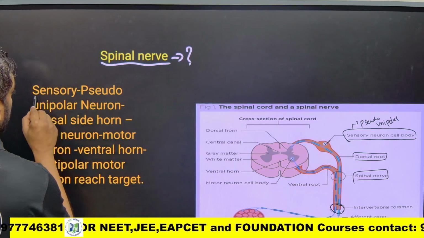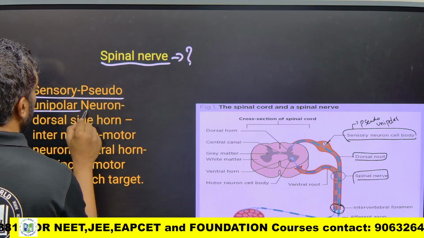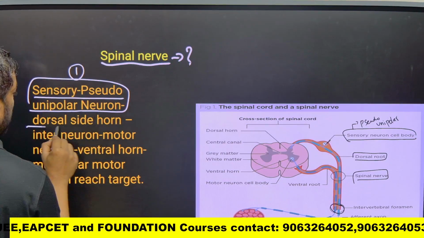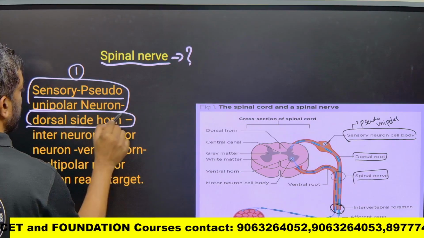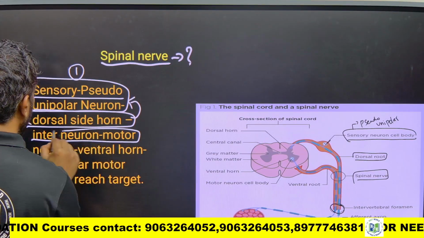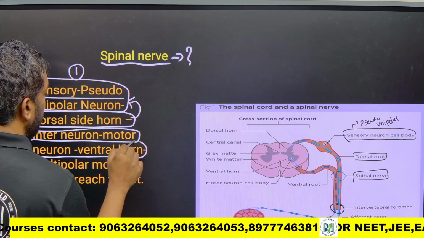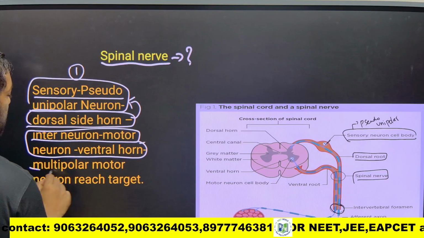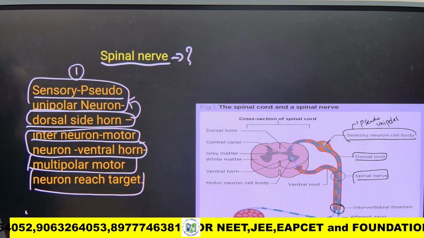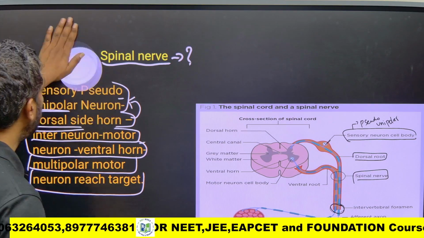Sensory neurons are pseudo-unipolar neurons. They give the signal into the dorsal horn. The interneuron and motor neuron are in the ventral horn. Multipolar neurons give the signals from the motor neuron. This is the pathway.